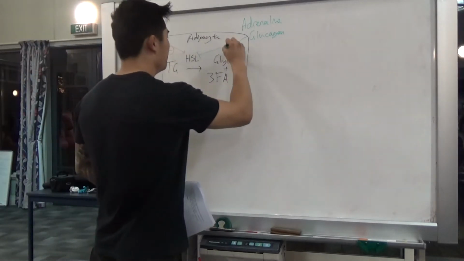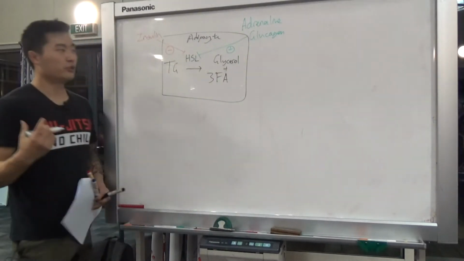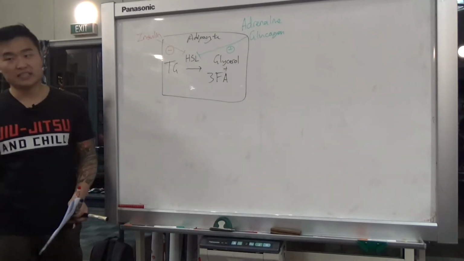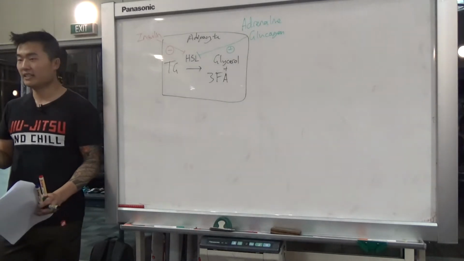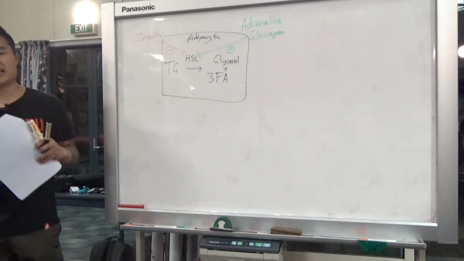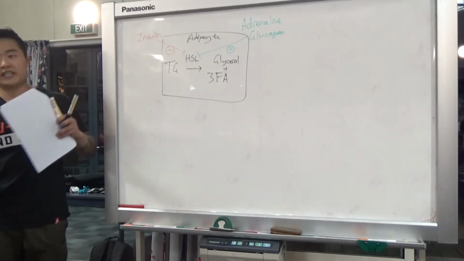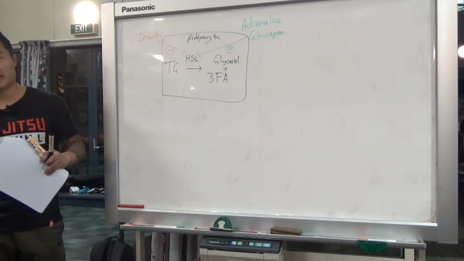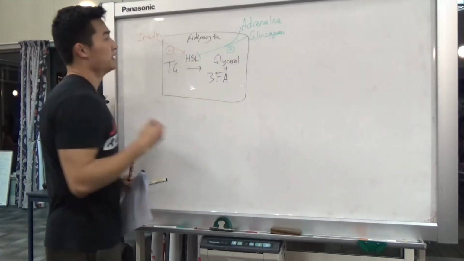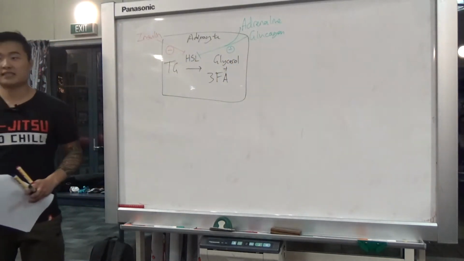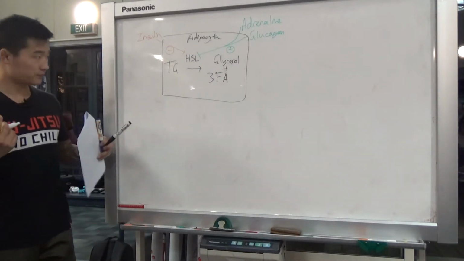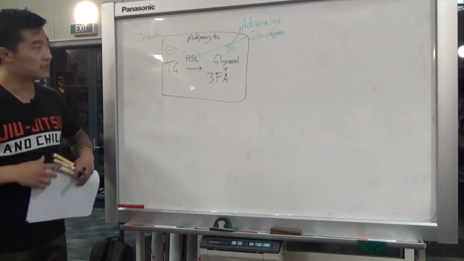And so it's going to stimulate hormone-sensitive lipase, and also adrenaline. So adrenaline's released when you have that fight or flight response. So you want to mobilize all your energy stores so that if you have to run away, you have a lot of energy available. So adrenaline is also going to stimulate hormone-sensitive lipase, and we'll go through that a bit more towards the end of the BIOC in the next few lectures.